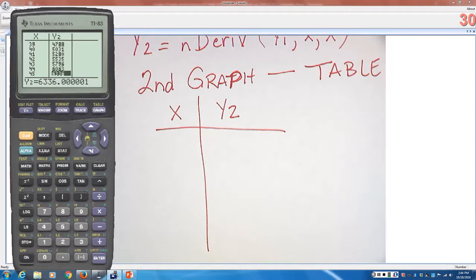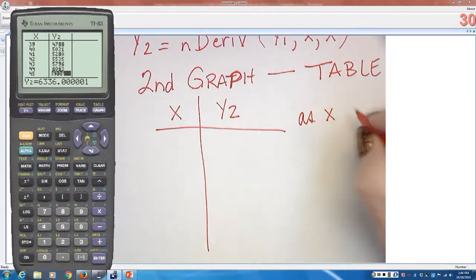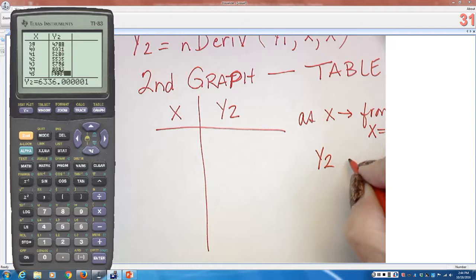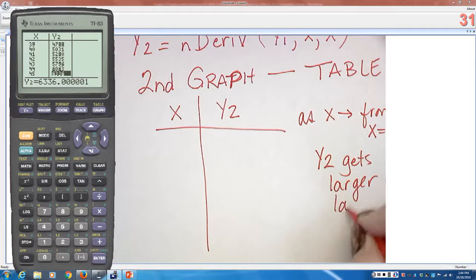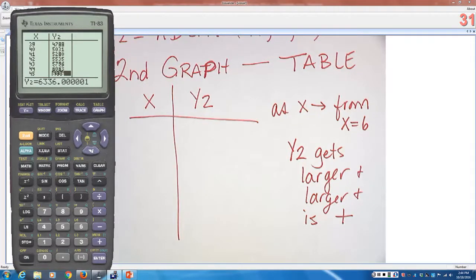So what I'm learning from the table is that y2 is getting larger and larger, and it's positive.